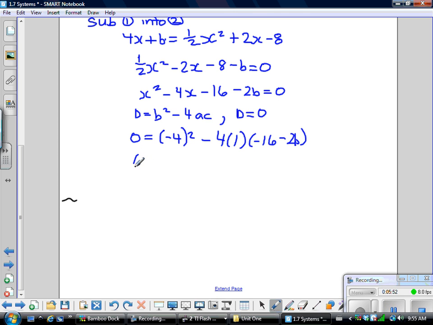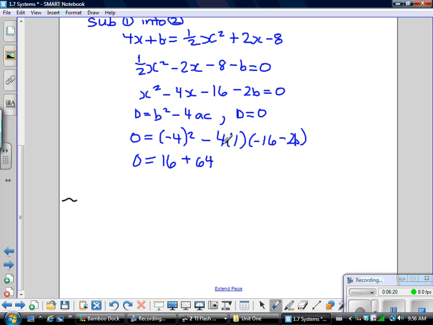So 0 equals, doing the arithmetic, 16, negative 4 times the negative 16, we're going to end up with a positive 64.